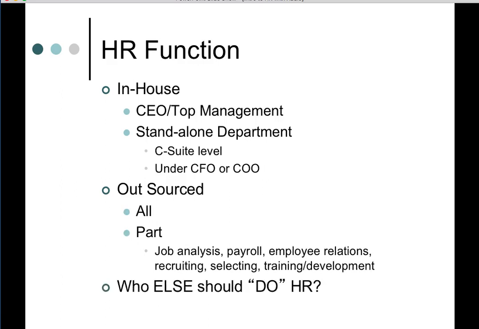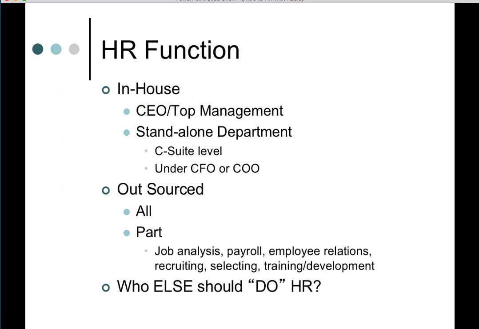So the next slide, the HR function. In this chapter, we talk about the different places where the HR department is actually found. It can be found in-house, or it could be outsourced. Most organizations have at least some functional HR person, but there are some situations where the entire HR discipline is outsourced.